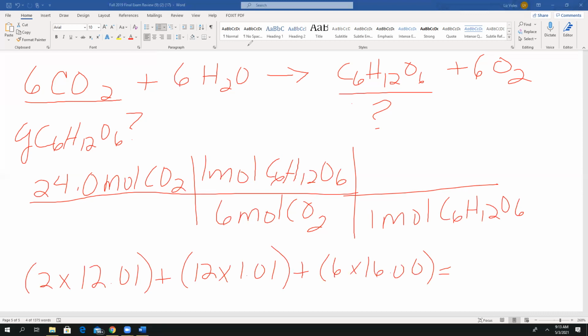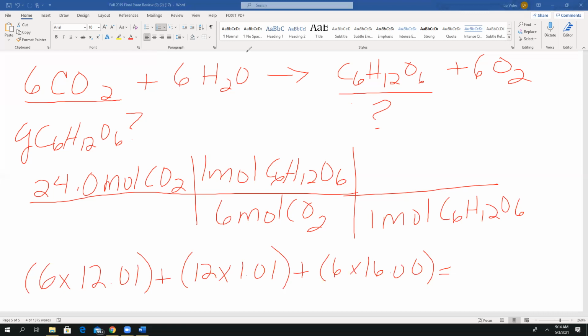Okay. 2 times 12.01, close it, plus, why did I put 2? That should be 6. I knew there's something weird here. Okay, sorry. I know why I put 2. That should be 6.